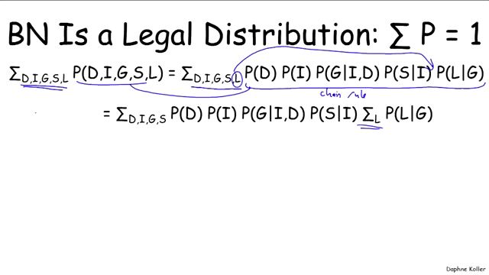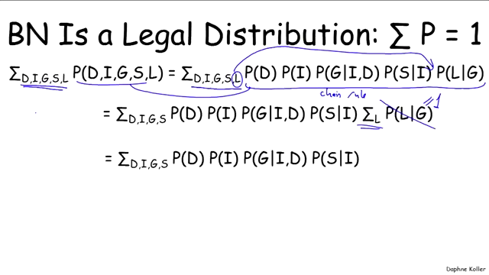And we observe here that the summation over L is summing up over all possible mutually exclusive and exhaustive values of the variable L in a conditional probability distribution P of L given G. And that means, basically, we're summing up over a row of the CPD, and that means that the sum has to be 1. And so this term effectively cancels out, which gives us this.